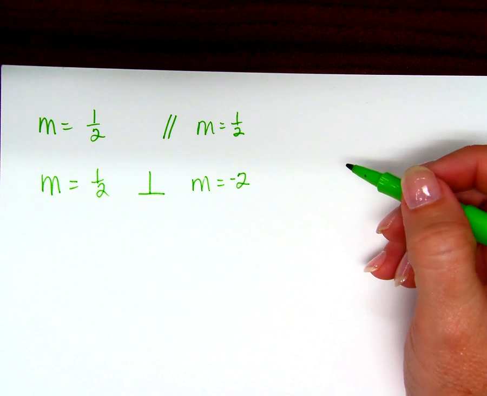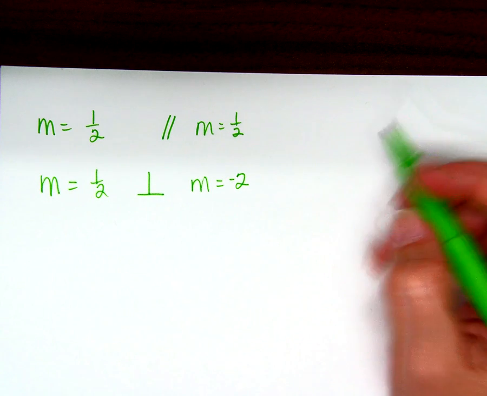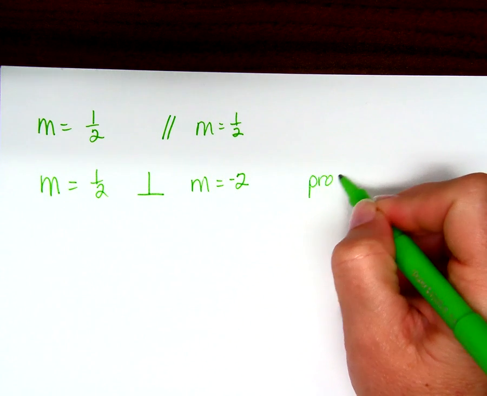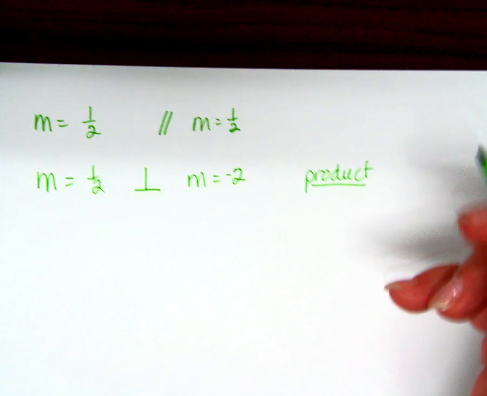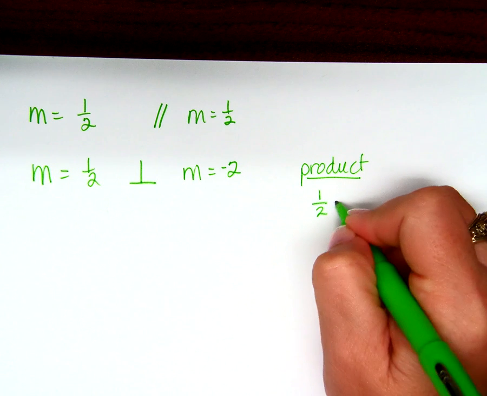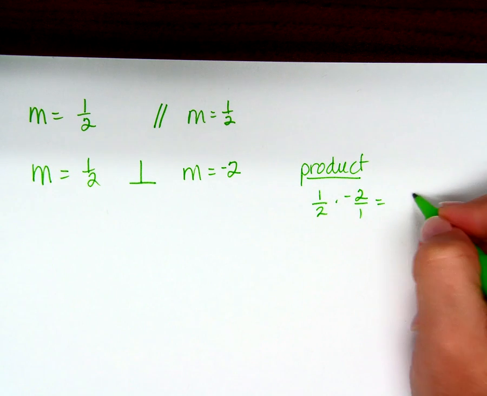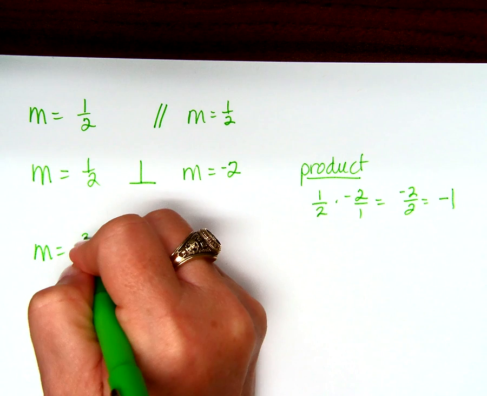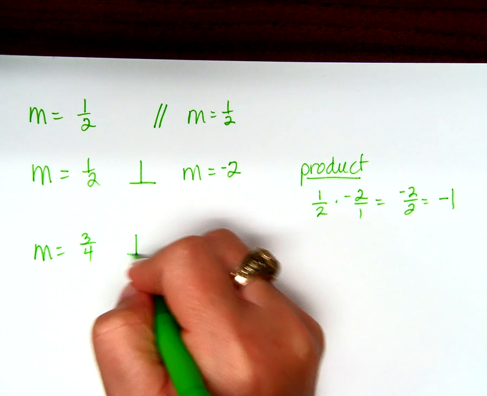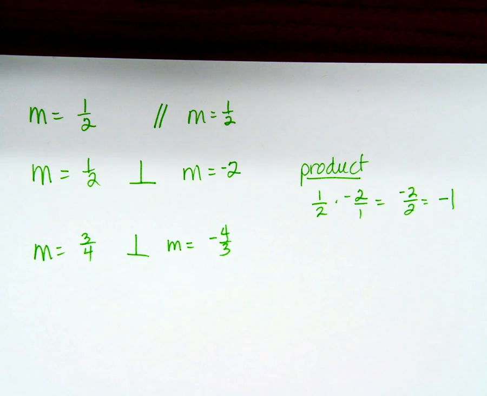Perpendicular is something you may not have thought about before. What is the product of the slopes of perpendicular lines? What do I mean by product? Multiply. So what's 1/2 times -2? That would be -2/2, which equals -1. If m is 3/4, a perpendicular line would be -4/3, right?